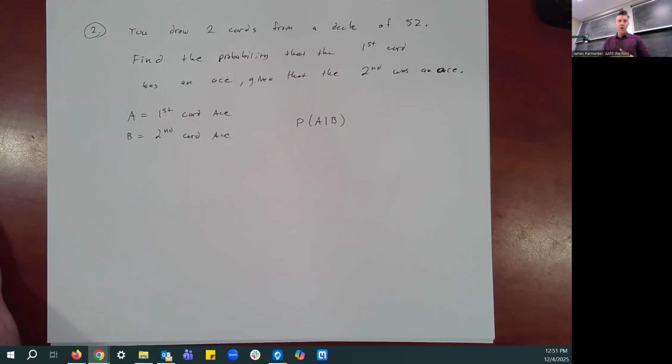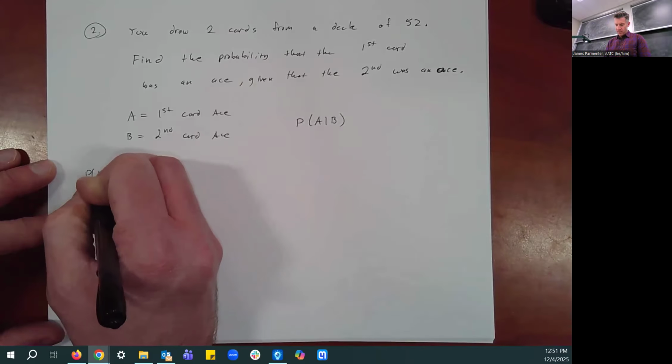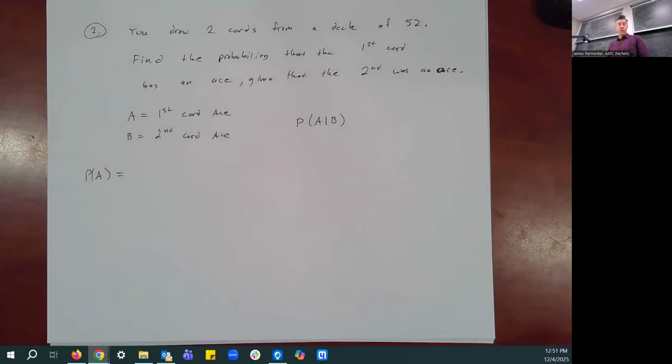Interesting. So again, we know a few things. Well, let's talk about what we do know. In general, the probability that the first card is an ace, without any conditional probability, should be 4 out of 52.